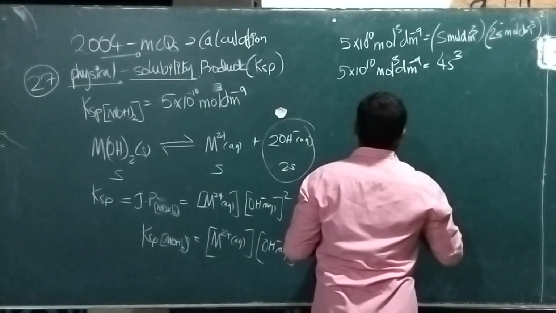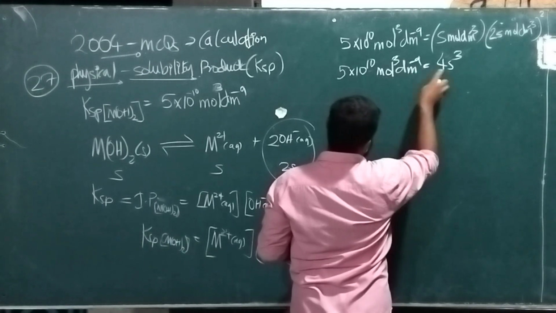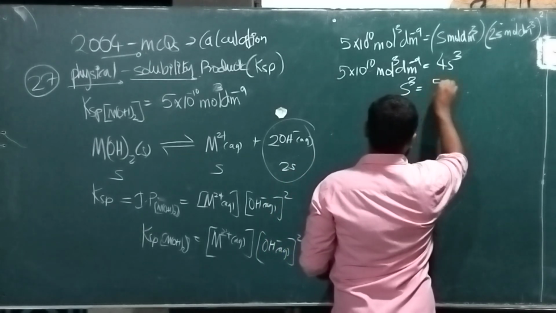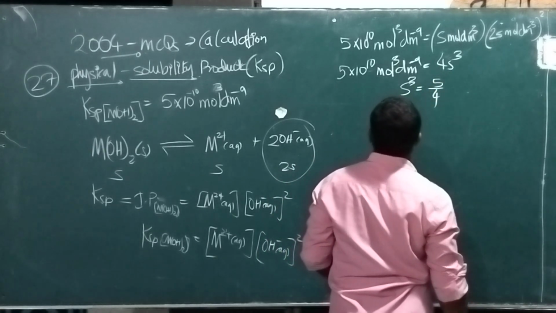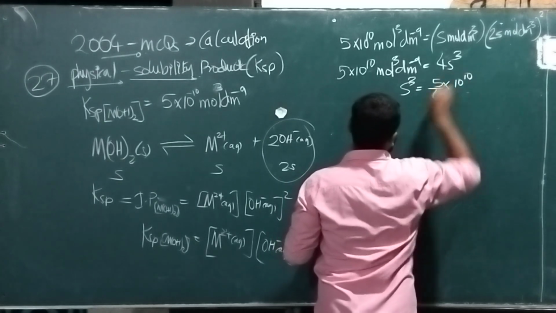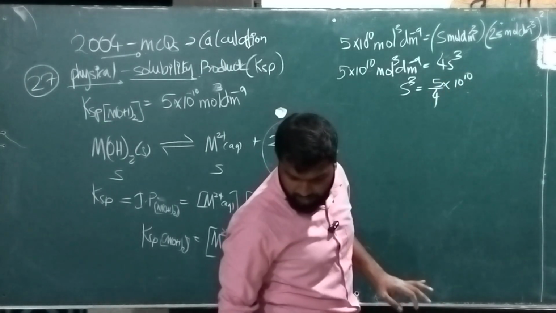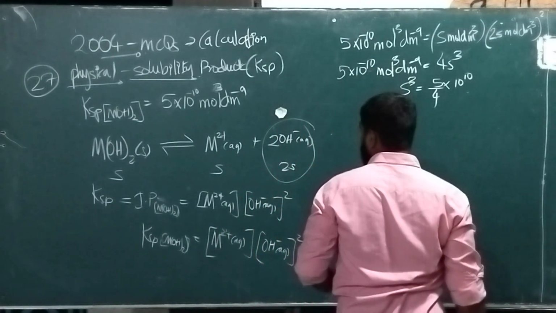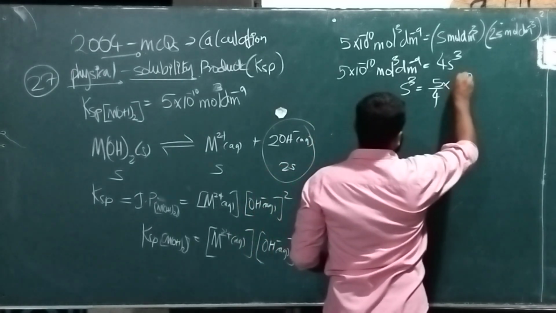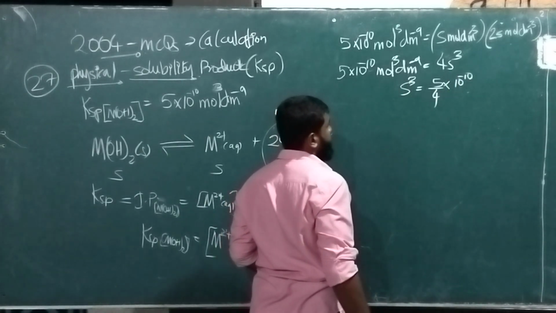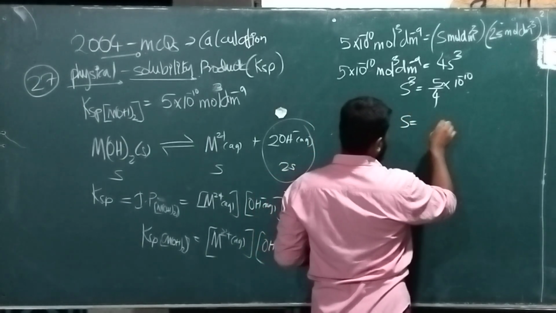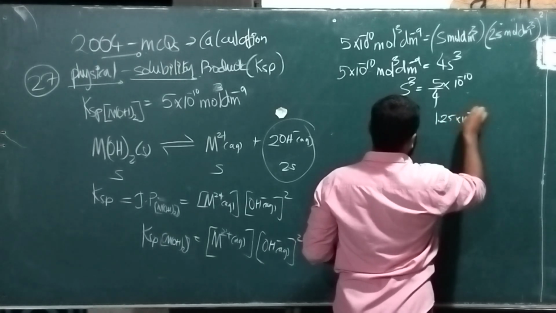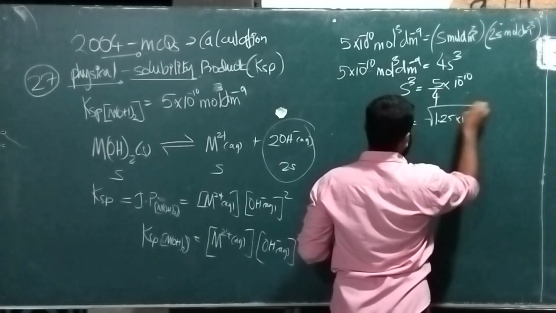If you bring it here, you will get S cubed is equal to 5 over 4 into 10 to the power minus 10. Yes, it's minus 10, my bad. So S cubed is equal to 1.25 into 10 to the power minus 10.